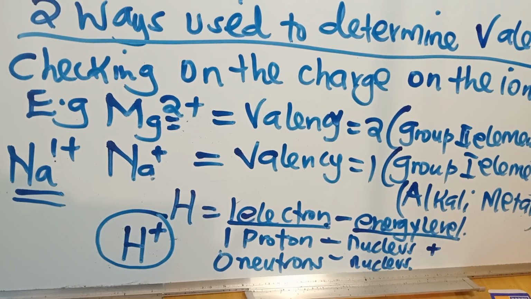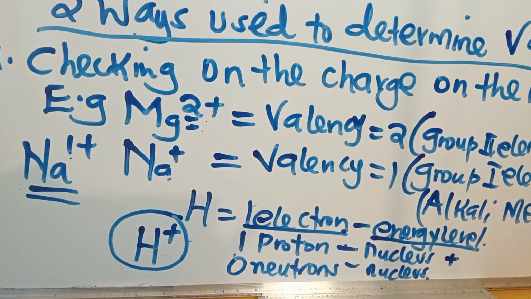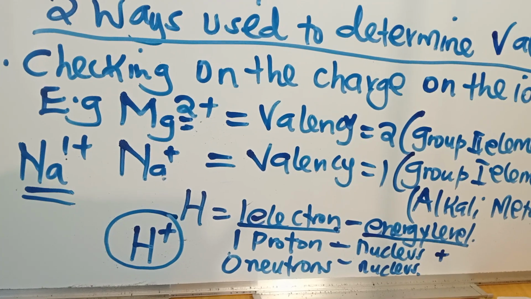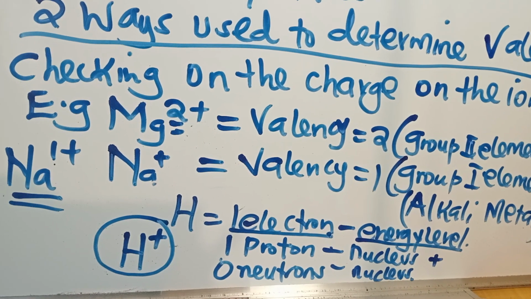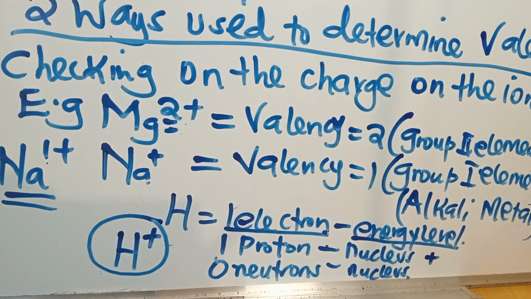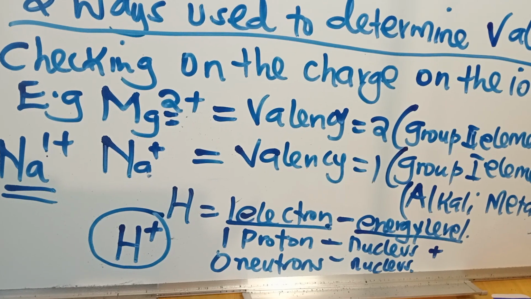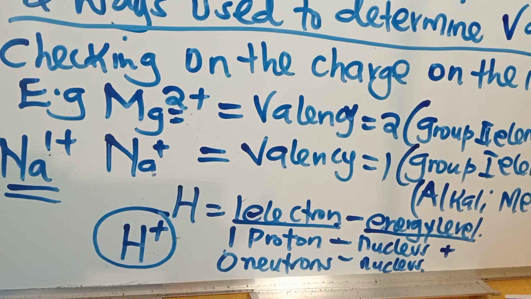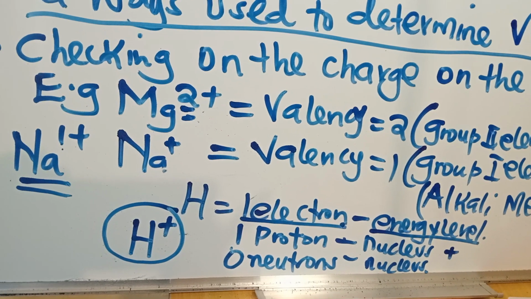Let me also mention something still on hydrogen. When hydrogen behaves like group 1 elements, and that is the time when it will be referred to as a hydrogen proton, when you are writing formulas of different compounds using it as a hydrogen proton, it will always be written on the left hand side of the formula.